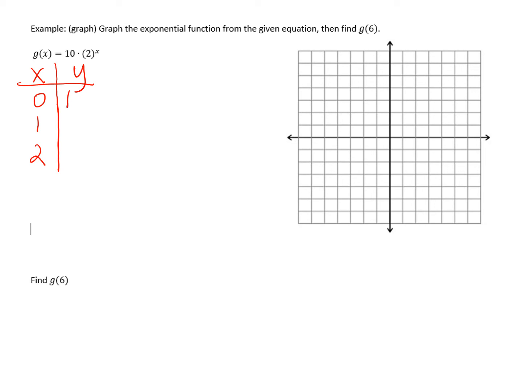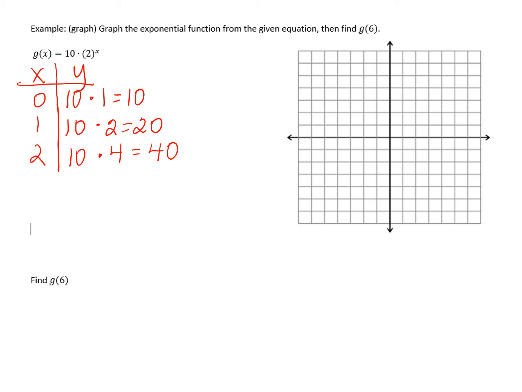If I plug in 0, anything to the 0 power is 1, so that gives me 10. If I plug in 1 for x, 2 to the first is 2. And if I plug in 2 for x, 2 squared is 4. So that gives me 40. So 10, 20, and 40.